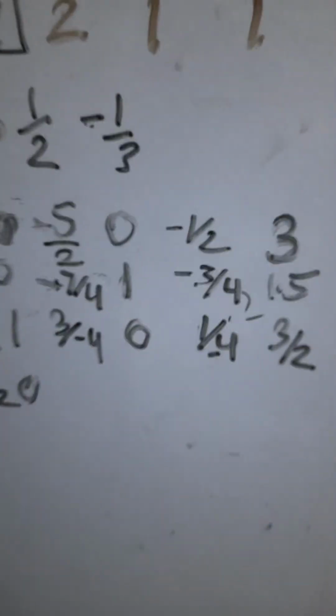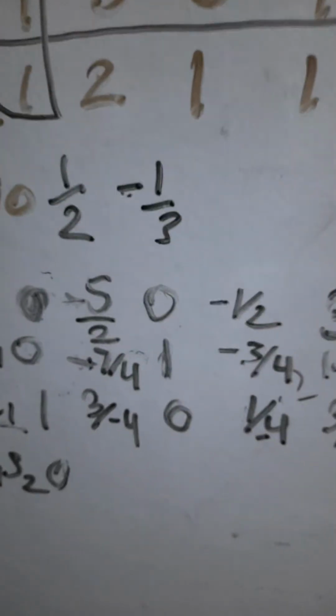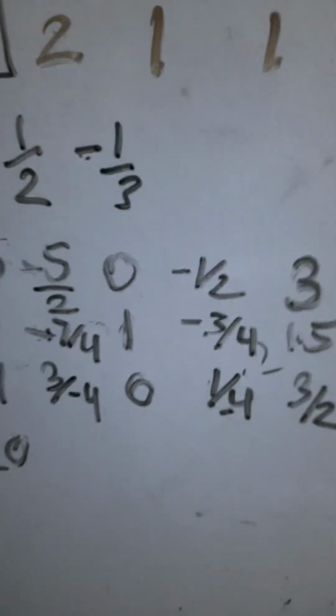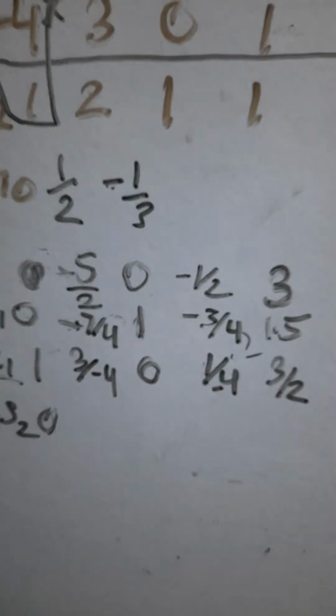So positive 3 by 4, 2 plus 3 by 4. 2 is 4 by 2, we multiply by 2 to make the LCM so that they have a common denominator. Whole parts should be the same, so that we can take parts of it, like the numerator says. So 2 4s are 8, 8 plus 3, 11, 11 by 4.